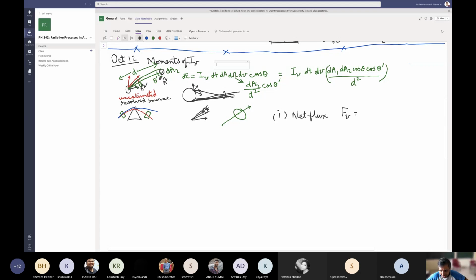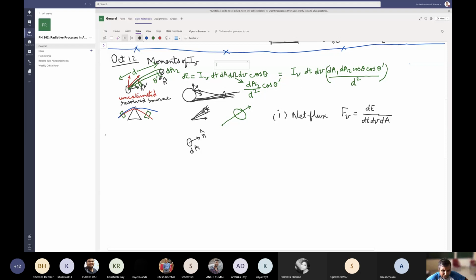So this is energy crossing per unit time, per unit frequency, per unit area, through some surface dA. So you have some surface dA, and it has some n hat, the area normal.